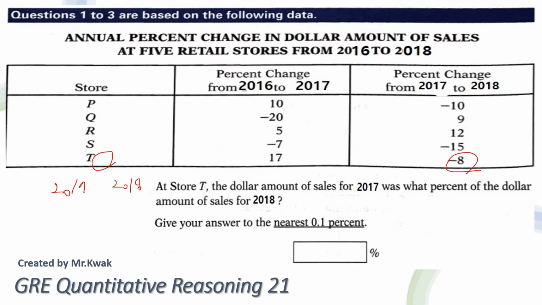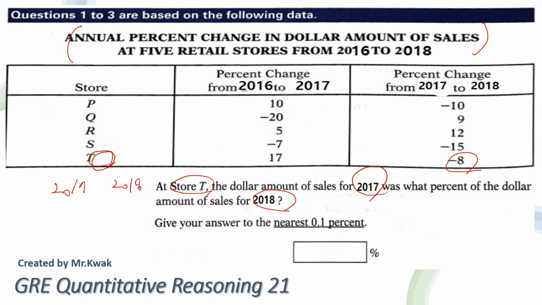At the previous class, we already saw this table, so I'm going to skip it. Then let's move on to the specific question at store T. So this time they are talking about T instead of P, Q or S. The dollar amount of sales for 2017 was what percent of the dollar amount of sales for 2018?